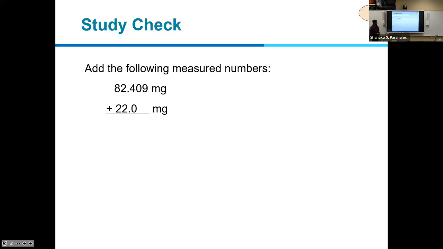What is the answer? The calculated value is going to be 904.4. This has one decimal place. We're going to round this number to the tenths place. 904.4.